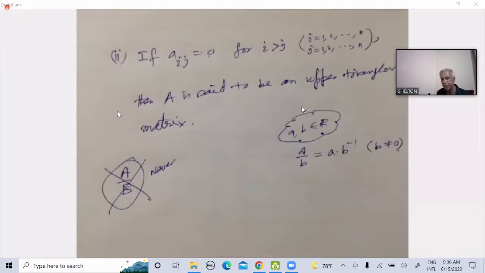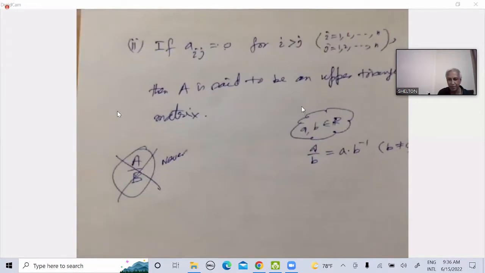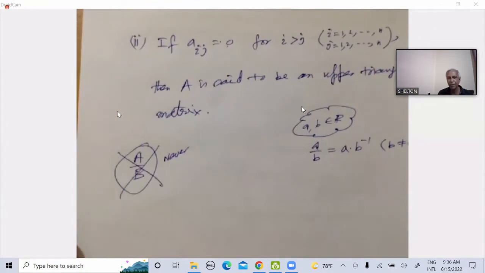We don't denote a division of matrices. Okay, so never divide a matrix by another matrix. Okay, but we can multiply a matrix by its inverse when the compatibility conditions are satisfied. But this notation is not used for matrices. Addition, subtraction, multiplication are defined, but for division not even a notation is used. Never, okay?